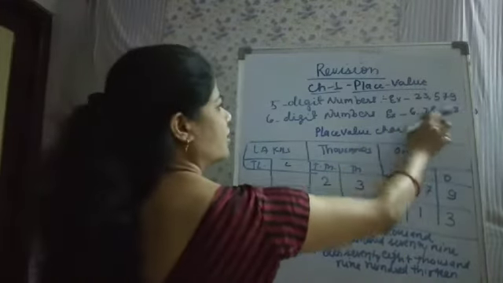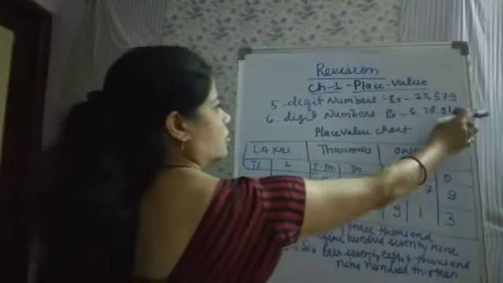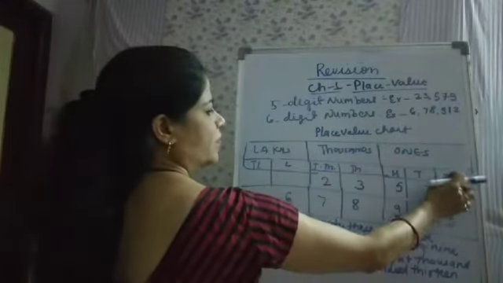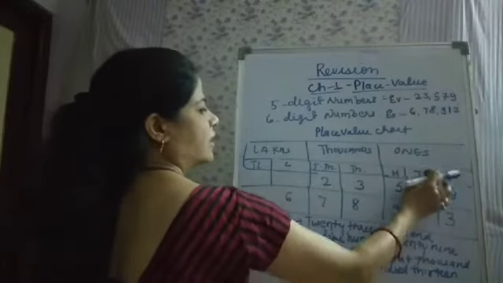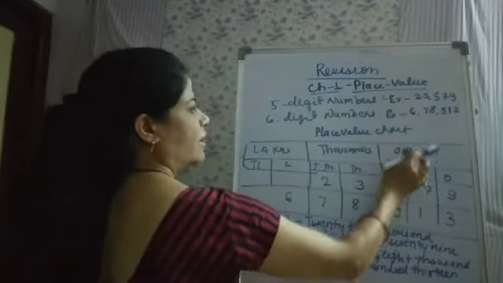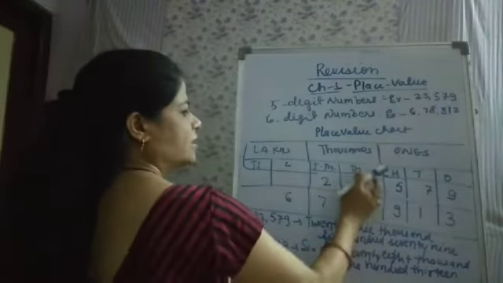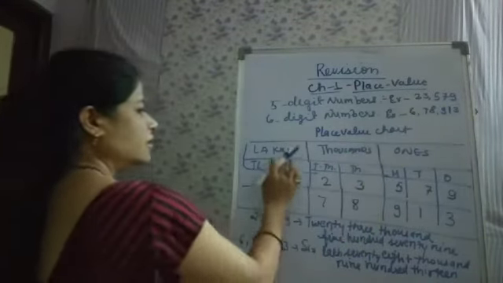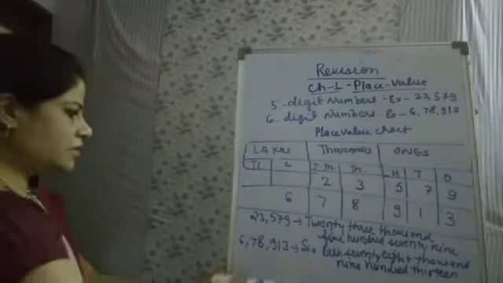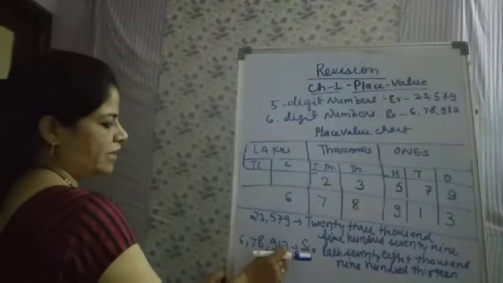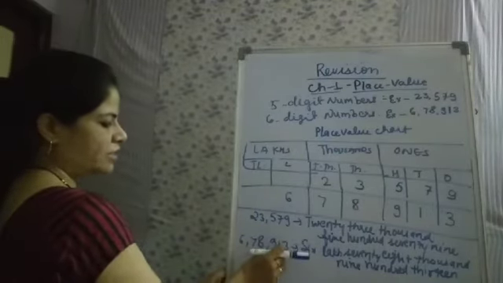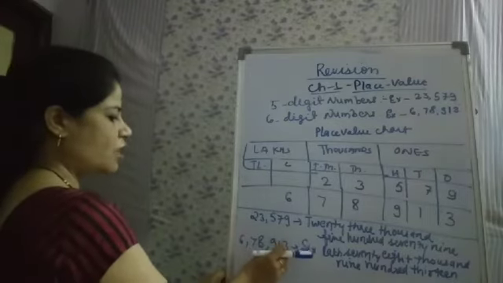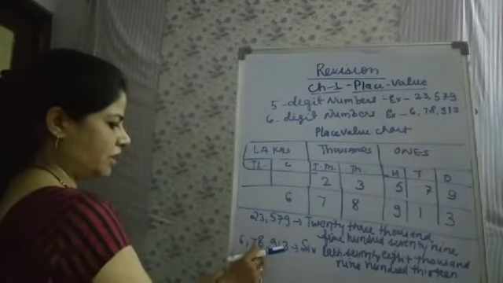Okay. Now the next number is this. First you have to arrange the digits in places. You have to write 3 in the ones place, then 1 in the tens place, then 9 in the hundred place, then 8 in the thousand place, 7 in the 10,000 place and 6 in the lakh place. See, these 3 places make the ones period, meaning 3 digits will go in the ones period. So after these 3 digits you have to insert a comma.